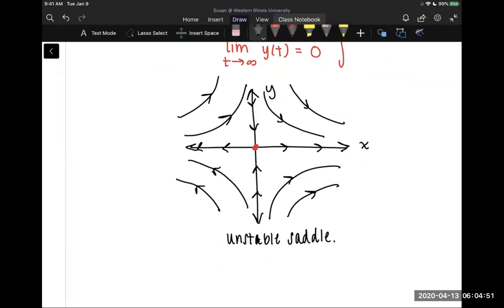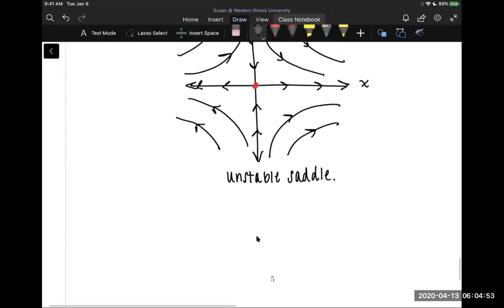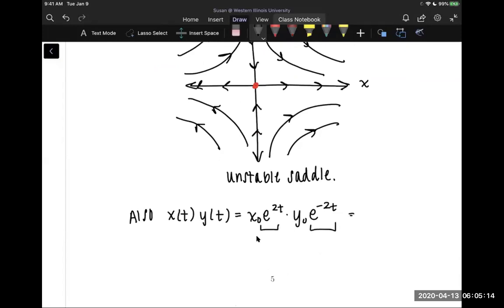And you might also notice, okay, this is additional, but if you multiply x of t and y of t together, we had x naught e to the 2t times y naught e to the negative 2t. These two guys, their exponents add, so we get x naught y naught.